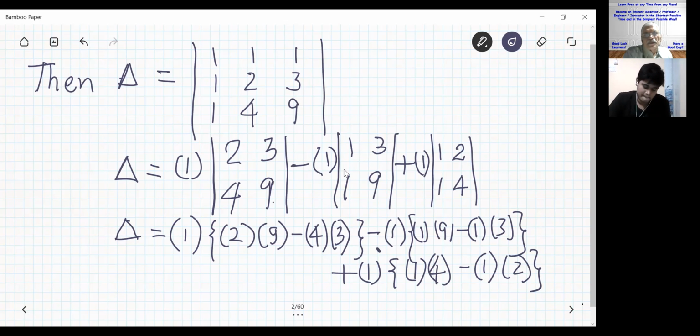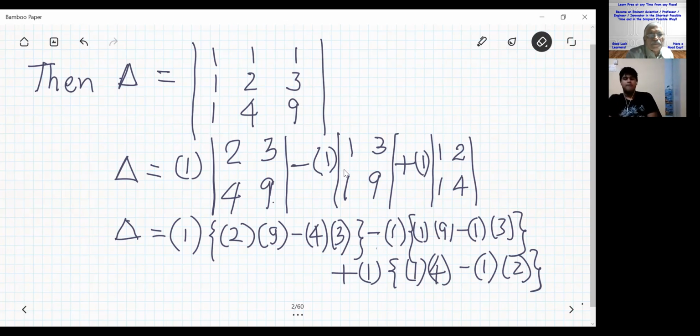Now this one: 1 into the principal diagonal numbers 1, 4. So 1 into 4 you have to write here. Minus you have to write 1 into 2, which is the numbers on the secondary diagonal. So this is one term, that is one term, there are 3 terms here.